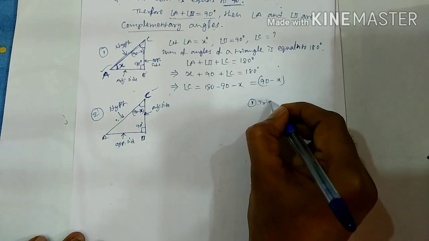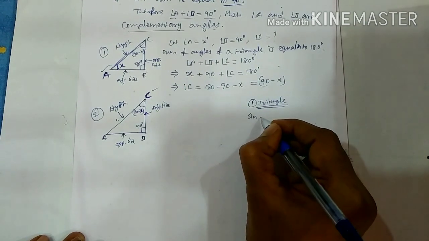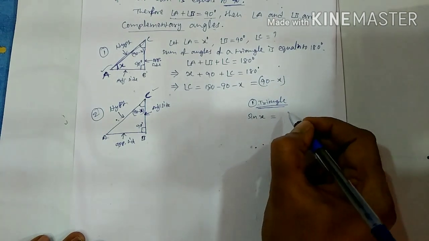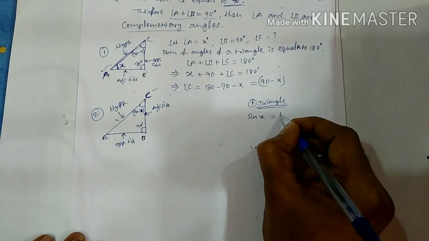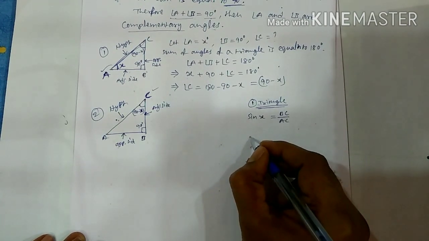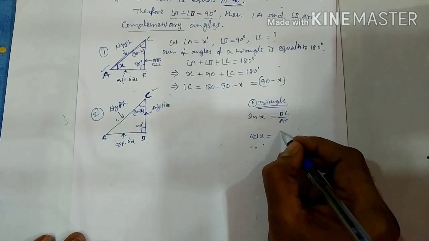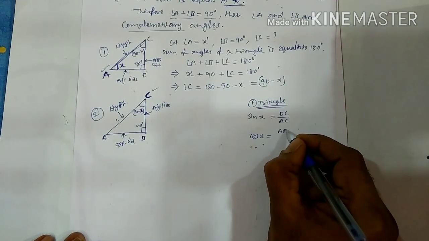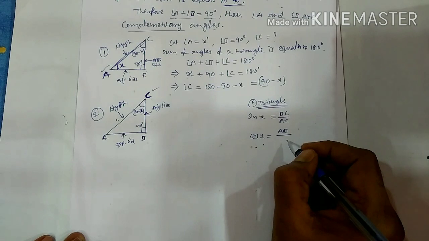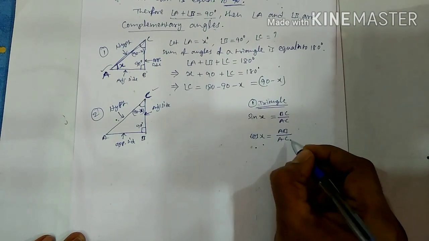First triangle trigonometrical ratios: sin X is equal to opposite side by hypotenuse, that is BC by AC. Second, cos X is adjacent side by hypotenuse, that is AB by AC.